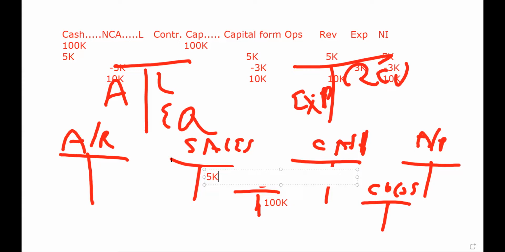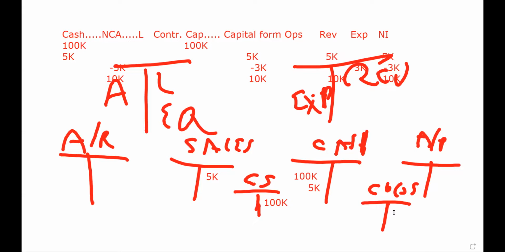I got 5K of revenue and I get another 5K of cash. And then I've got my cost of goods sold, and I do need to have an inventory. Do I have an inventory account? Let me put an inventory account up there.